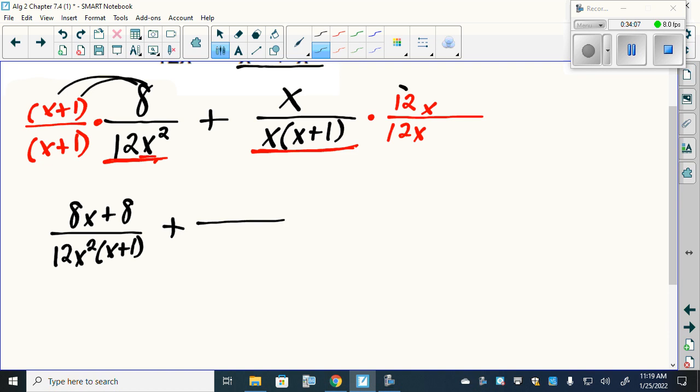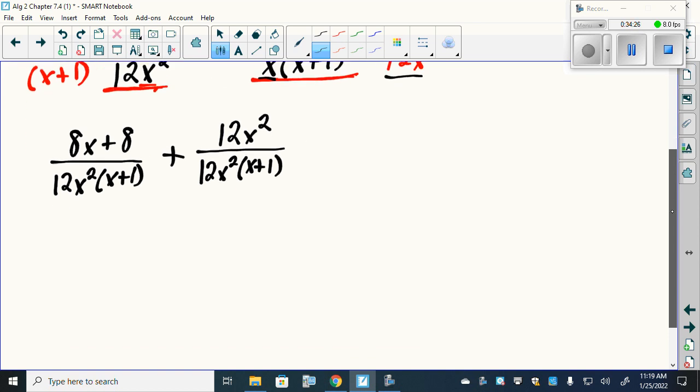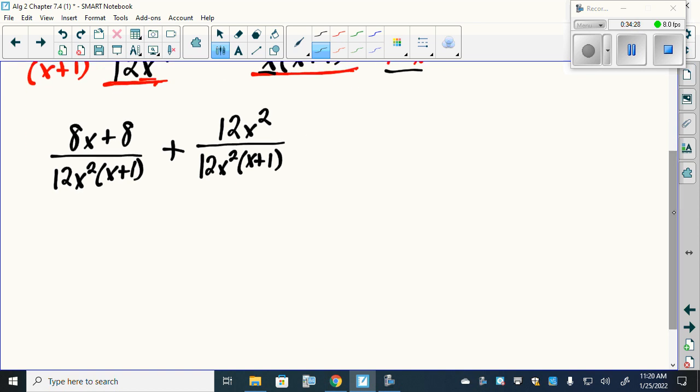Over here, we're going to have 12x times x, which is 12x squared. On the denominator, we'll do 12x times x, which would give us 12x squared times x plus 1. Any questions on how we got to this point here before we add these together?